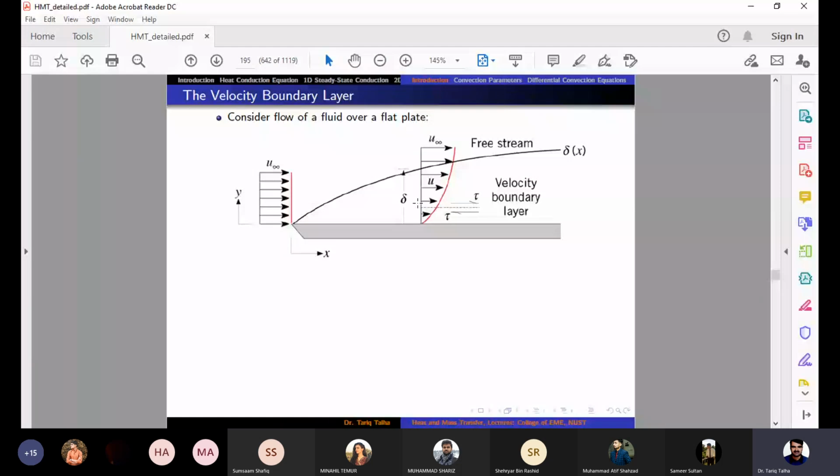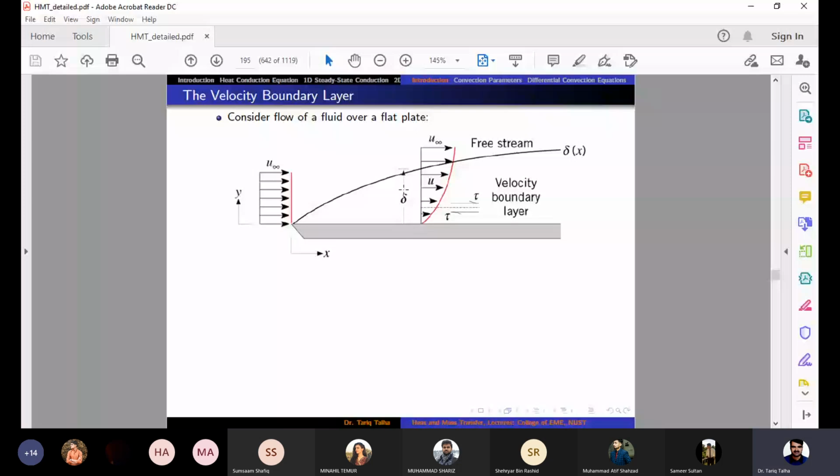As a result the velocity increases, and at some point it becomes equal to the free stream velocity. The point where 99% of the free stream velocity is achieved is called the boundary layer thickness, represented by delta.